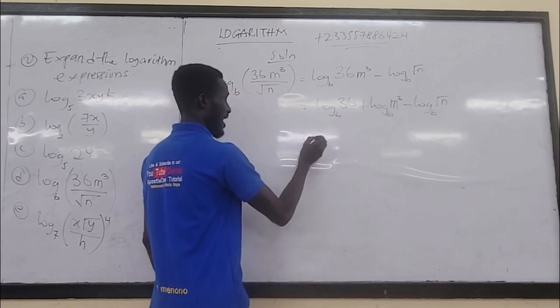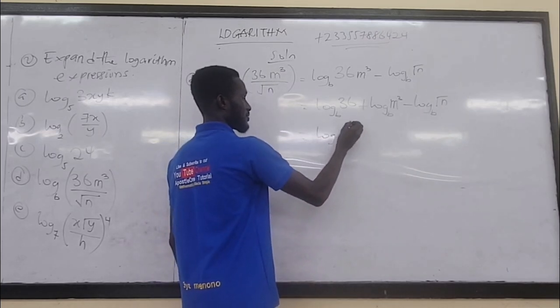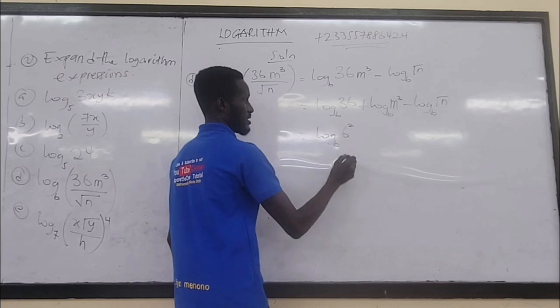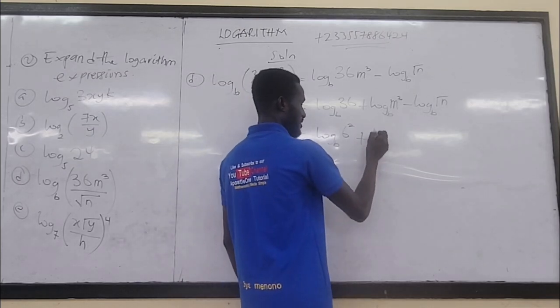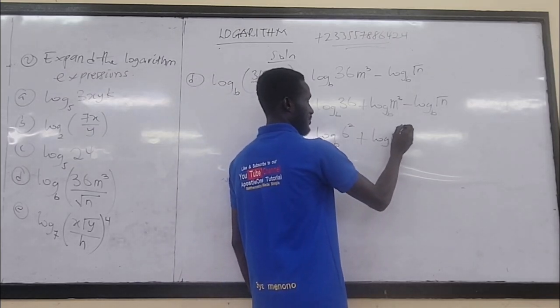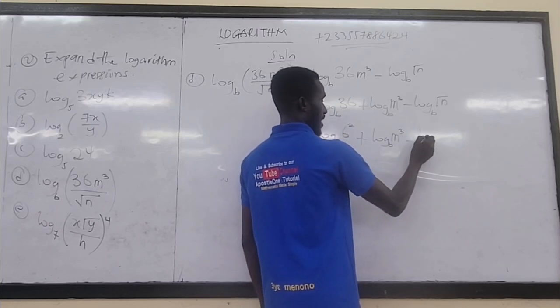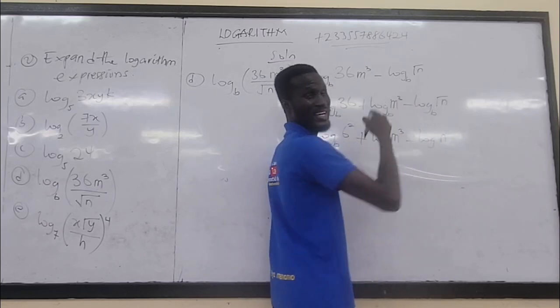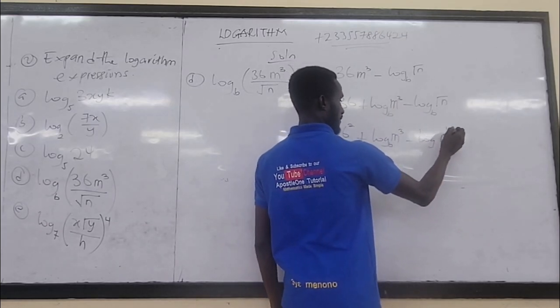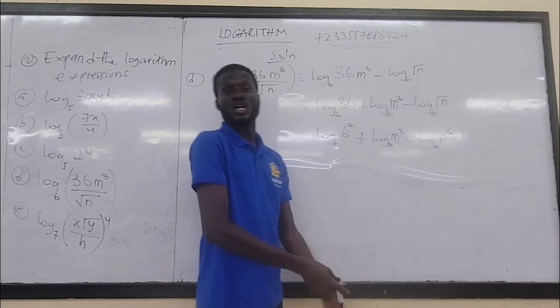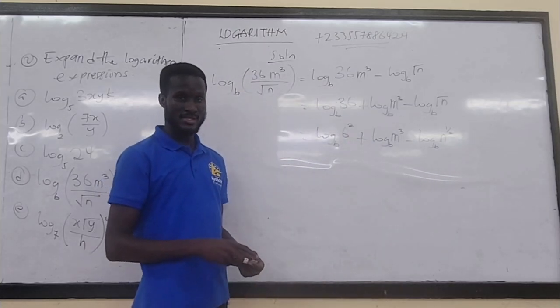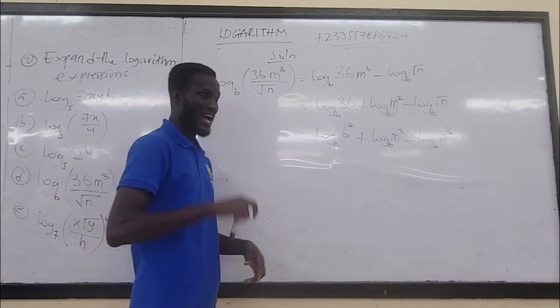So I'm going to get something like log of 6 exponent 2 base b plus log of m exponent 3 base b minus log of n, the root means exponent half. Then I will bring all of them to the front of the log, the power rule of logarithms.